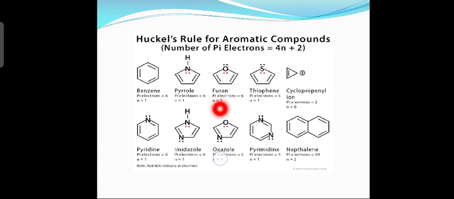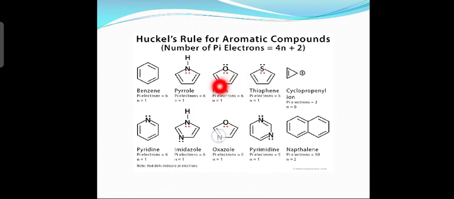For each compound you can calculate that n equals 1. In pyrrole, how do you say pi electrons are present? Here one double bond means one pi bond, 2 electrons. In a double bond, one is a sigma bond and one a pi bond. So 2 plus 2 is 4. Another 2 are here, the lone pair. 2 plus 2 plus 2 makes a total of 6 pi electrons, that means n equals 1.